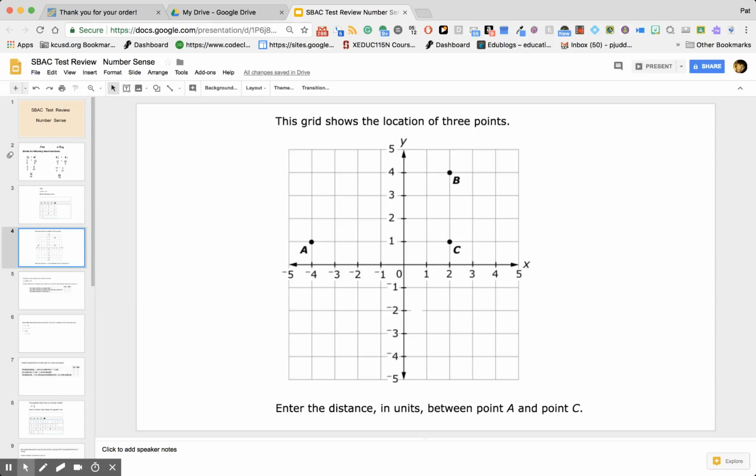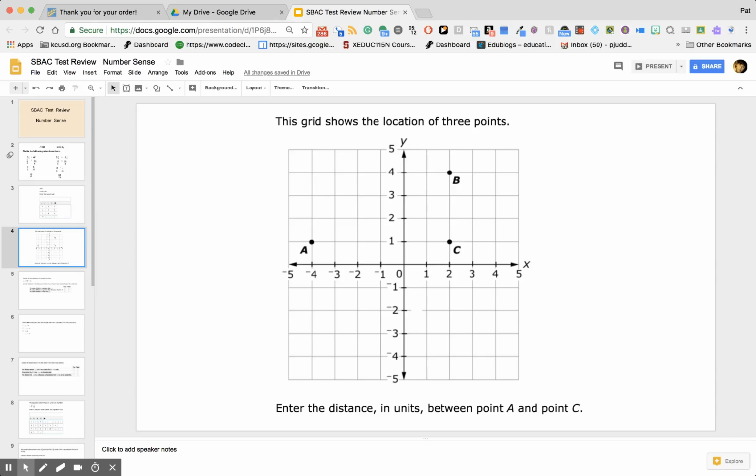Look closely at where C is located. And you want to know the distance. If you were to move from A to C, how many units or how many spaces would you have to count through to get to C?